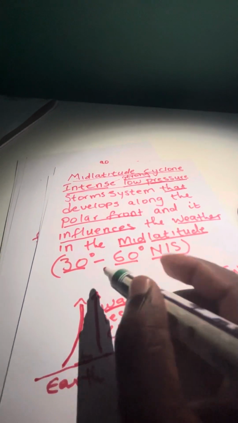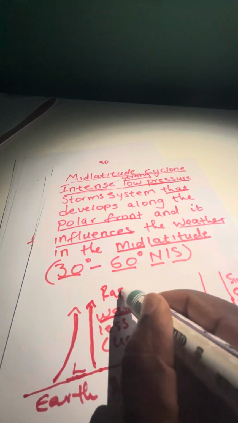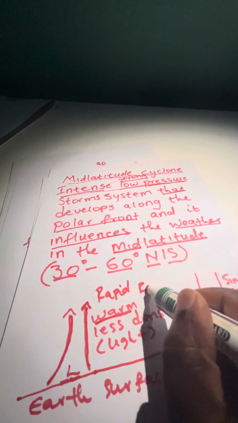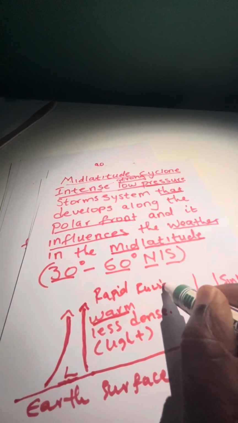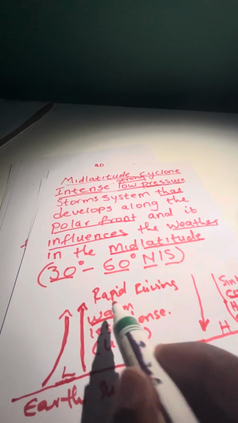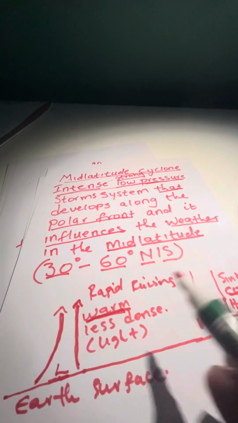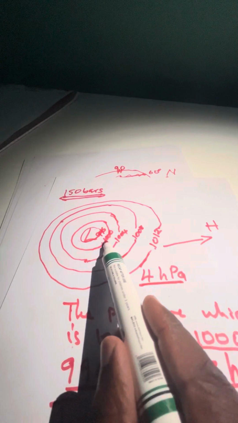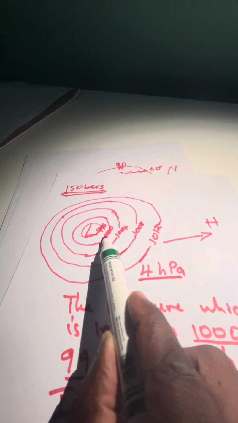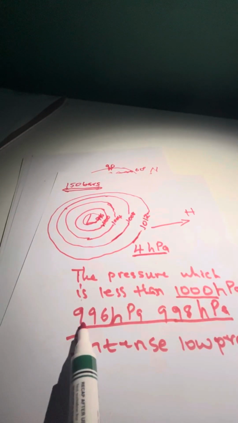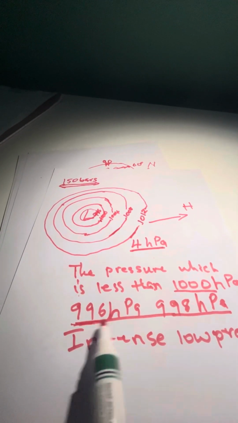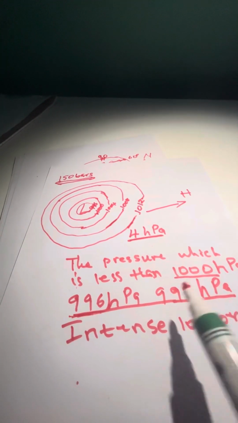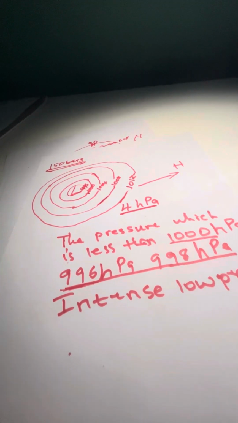Therefore our pressure will decrease to less than 1000. I'm just giving an example here: 996 hectopascal, 998 hectopascal, right?